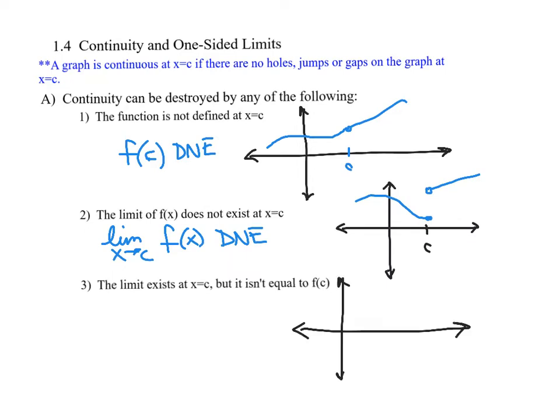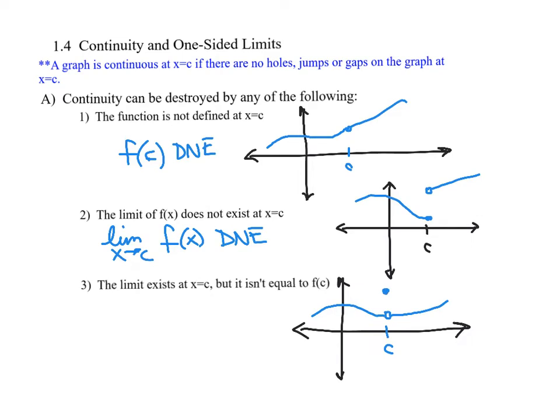The third way that continuity can be destroyed is if the limit exists at c, but it's not equal to the function value at c. So we'll notice that we have a limit, we have a function value, but they don't match each other. So I've got my c value right here. I've got my function where at c the function value might be someplace up here.